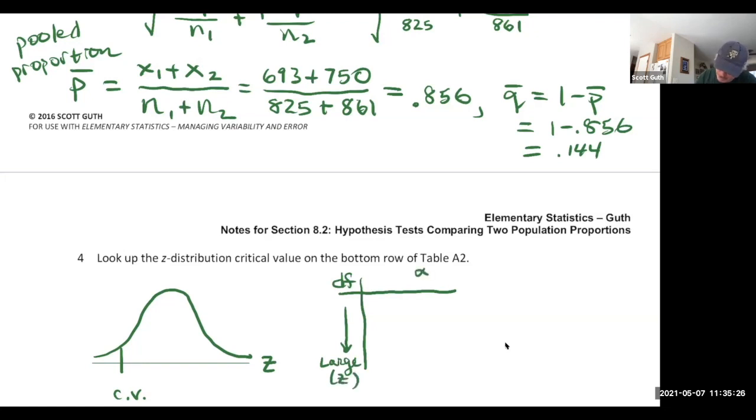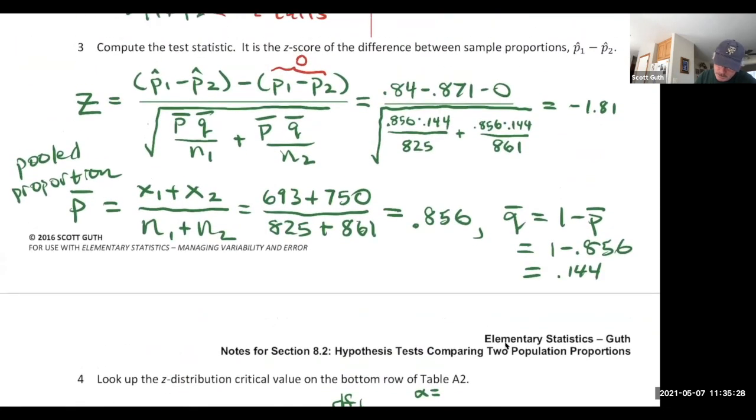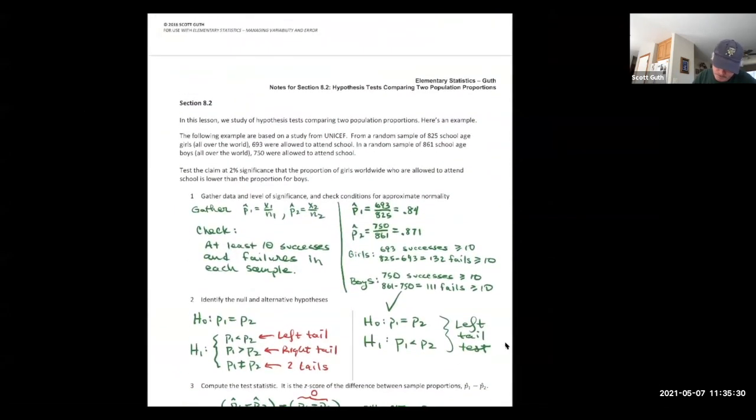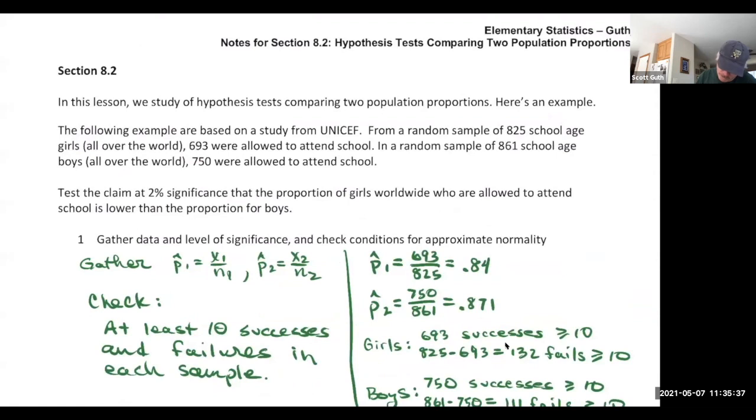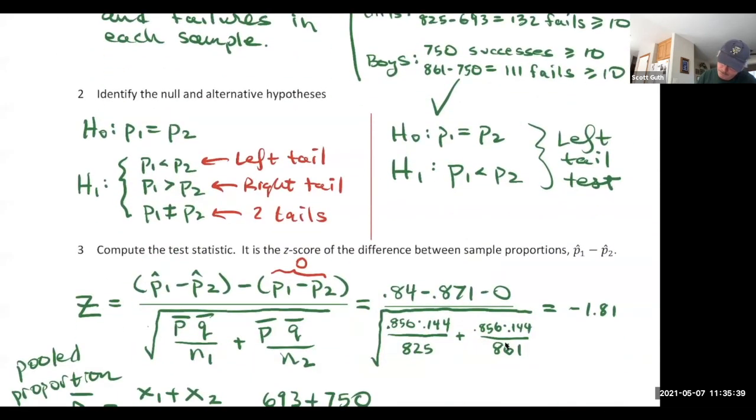Our alpha is, I have no idea. This one says 2%, which is just plain weird. 0.02, and it's a one-tail test.